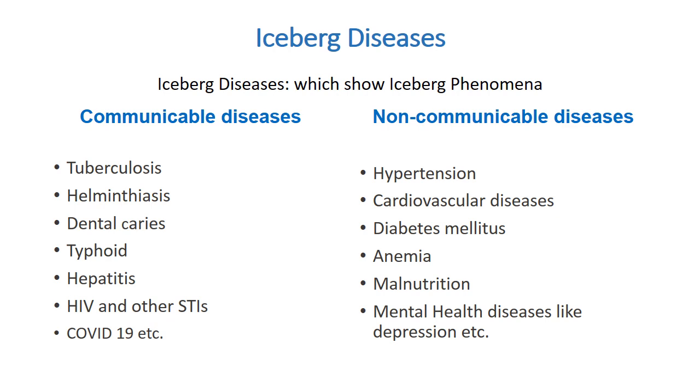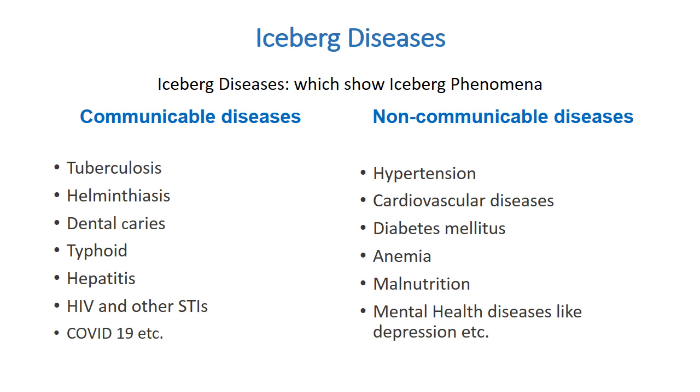Now, in communicable diseases, tuberculosis, hepatitis, typhoid, COVID-19 more recently are some examples. In non-communicable diseases, hypertension, malnutrition, cardiovascular diseases, diabetes mellitus, mental health problems like depression or schizophrenia or Alzheimer's. These are some of the examples.